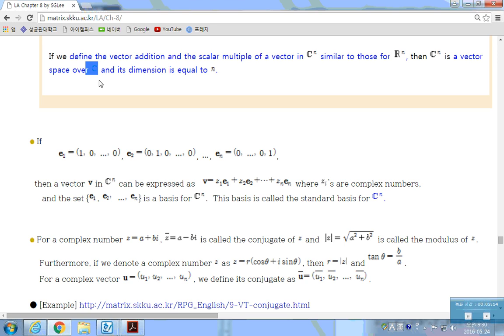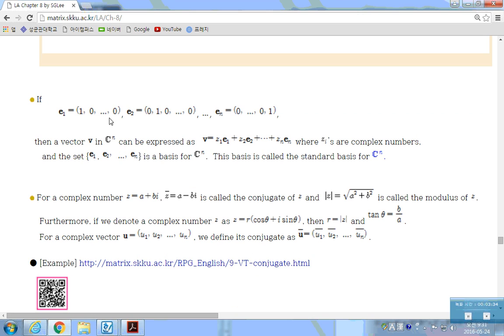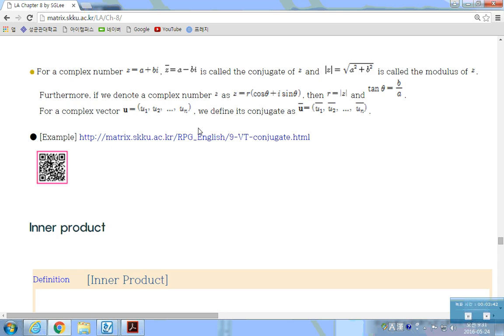So the cardinality of a basis of Cn over R is 2n. So the dimension of Cn over R is what? It's going to be 2n. So that's the difference. But anyway, you just learn this form of basis for Cn over C, so the dimension is n.